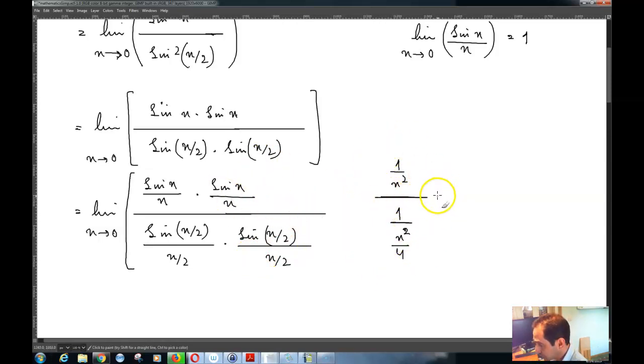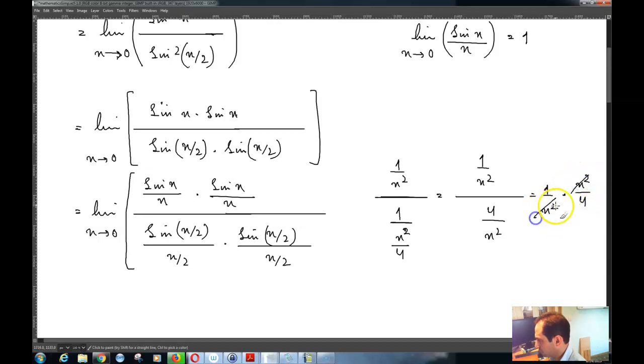So this is the same thing as 1 over x squared. Let me write it this way. This is the same thing as 1 over x squared over basically the reciprocal of this. 1 over this is basically 4 over x squared, which is the same thing as 1 over x squared times x squared over 4.